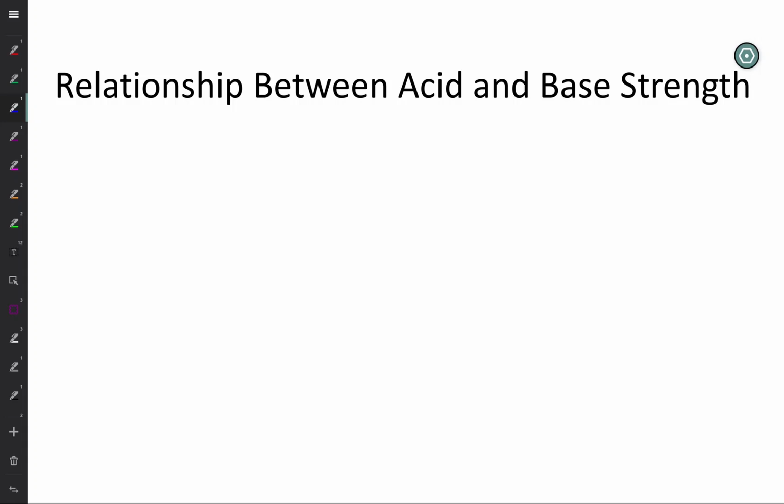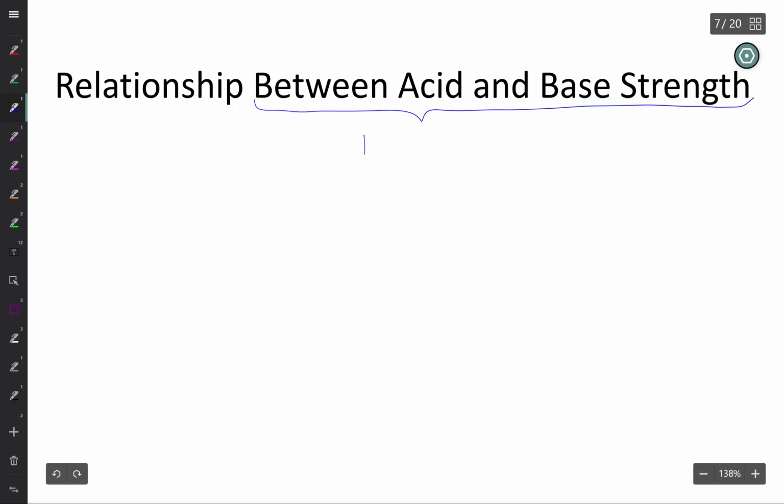When we say the relationship between acid and base strength, really we're talking about a conjugate pair: HA and A minus, where HA would be the acid and A minus would be the base.